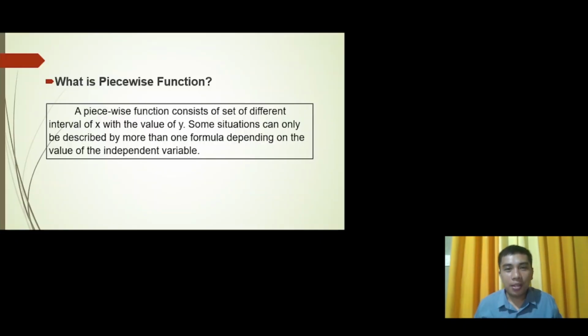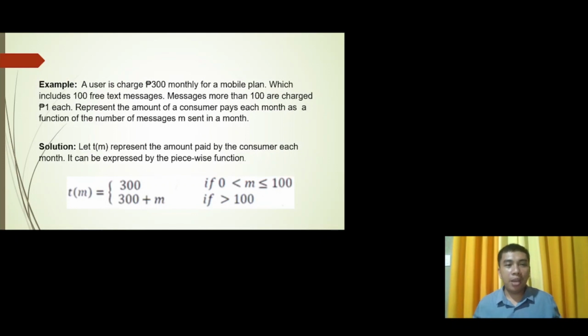So what is a piecewise function? A piecewise function consists of a set of different intervals of x with a value of y. Some situations can only be described by more than one formula depending on the value of the independent variable. Here is an example: a user is charged 300 pesos monthly for a mobile plan, which includes 100 free text messages.